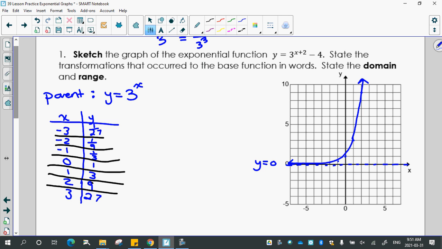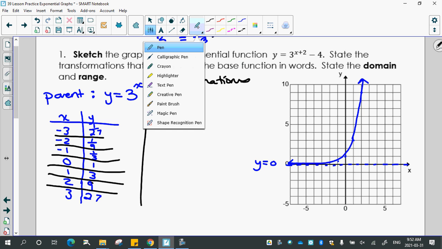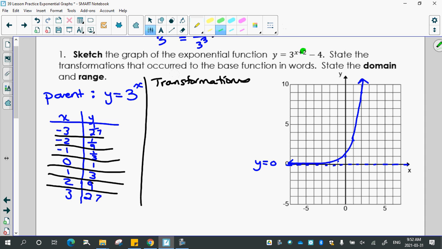Okay? Now I'm going to list out my transformations. Well, I made a list of my transformations. I'm going to check and see if I'm ready to do the highlights. Ready? Everybody good? There's only one thing happening in the exponent with the x. So the +2 there is going to be green, and then this is going to be yellow, the -4.